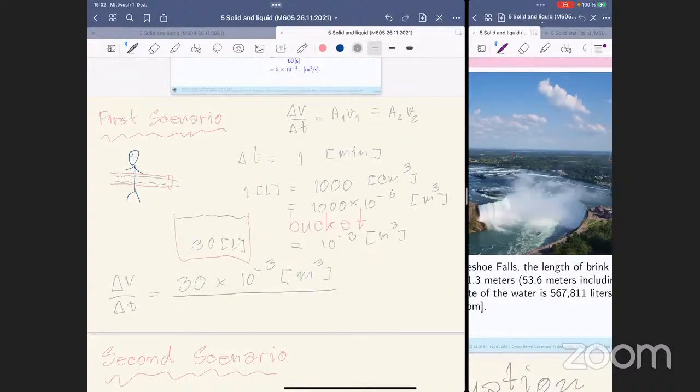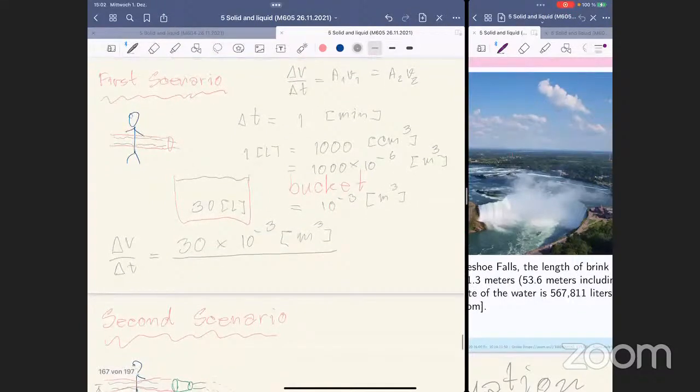They say it's 1 minute, and in seconds that is 60 seconds.